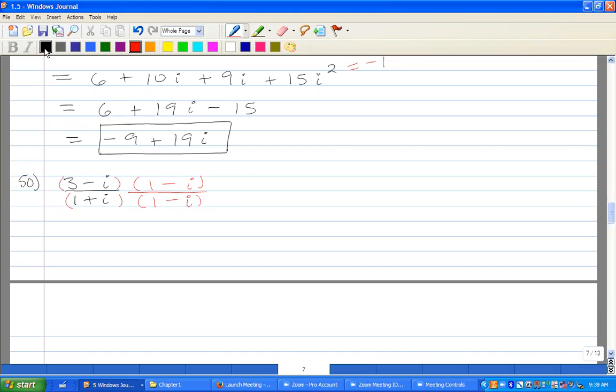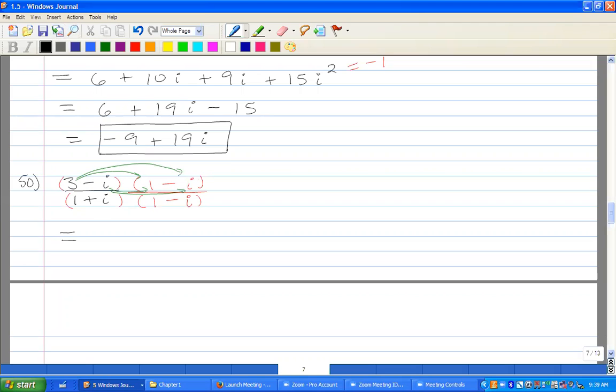If you remember, when we were trying to rationalize numerators or denominators with radicals, we were multiplying by a conjugate. The reason we called it the conjugate is because this is the complex conjugate. So let's multiply 3 and negative i.